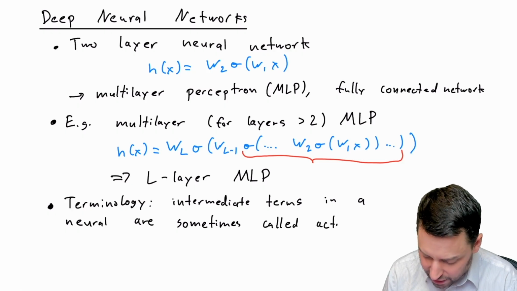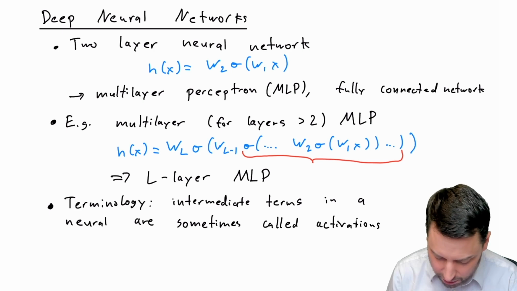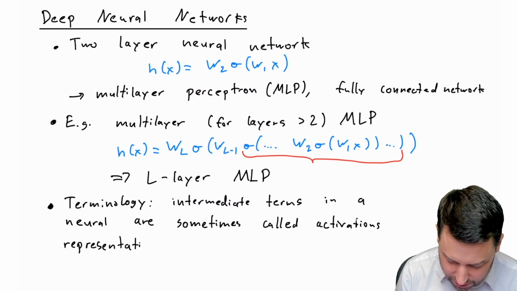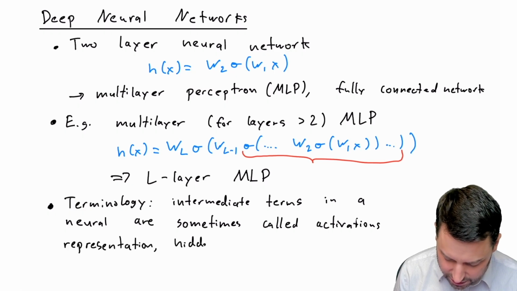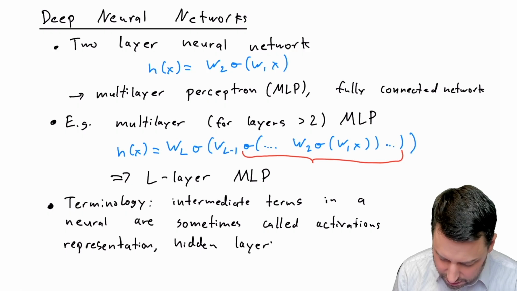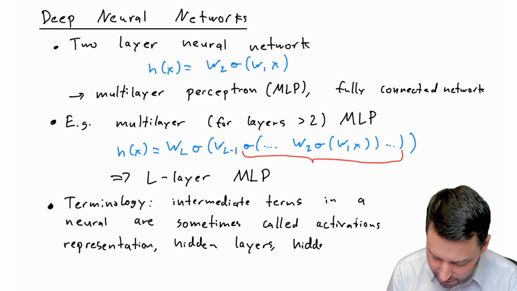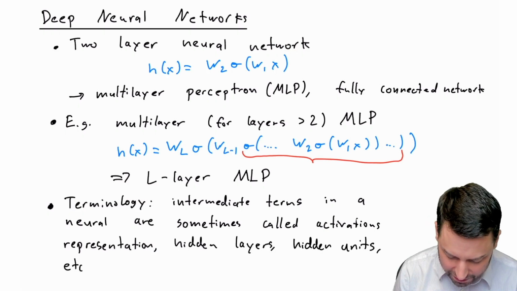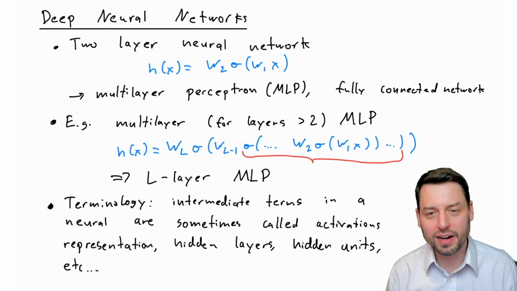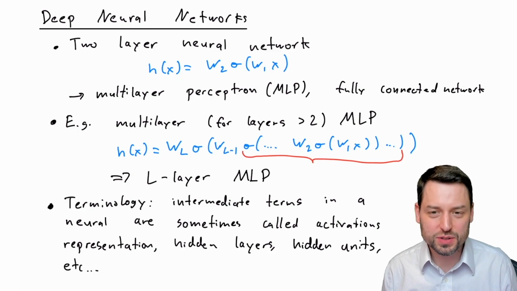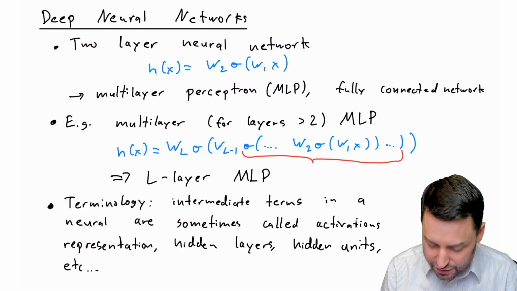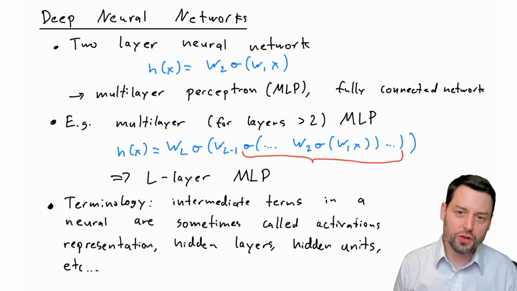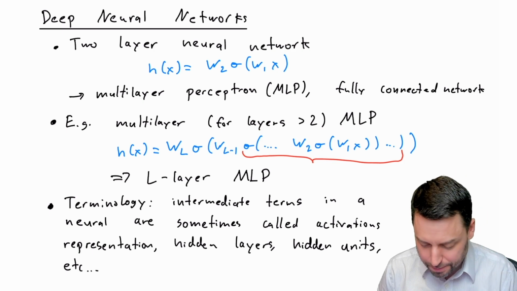They can be called activations, representations, hidden layers, hidden units, and there's probably more that I'm forgetting. We use a lot of different bits of terminology to cover just this notion of some intermediate term that's computed in a network. And I'll use that terminology sometimes, so I just wanted to mention it here.